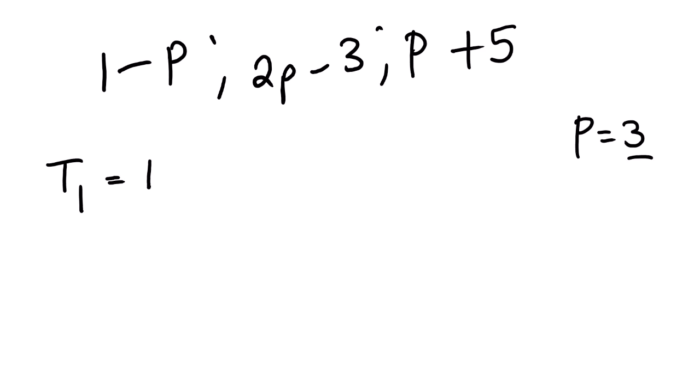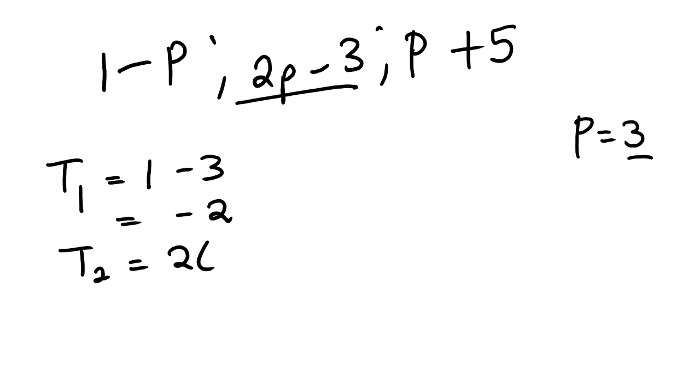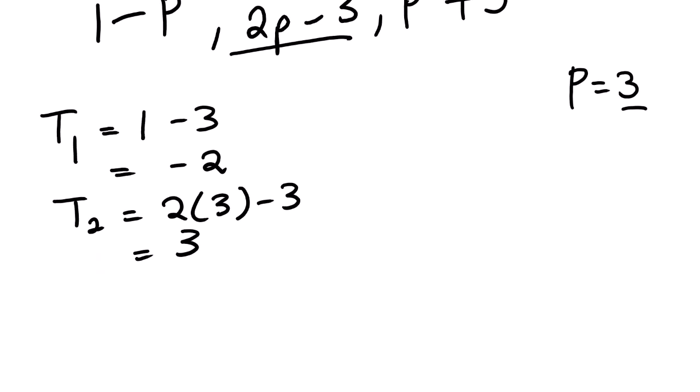Where we see p, we substitute 3, minus 3. This will give us negative 2. Term number 2 is equal to 2. Where we see p, we substitute 3, minus 3. So 2 multiplied by 3 is 6. 6 minus 3 is 3.